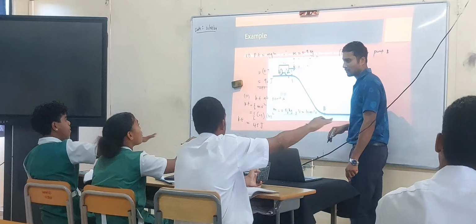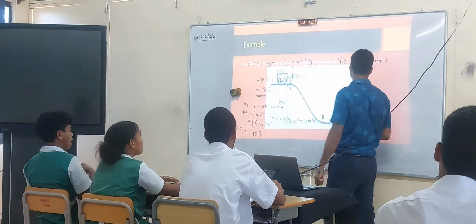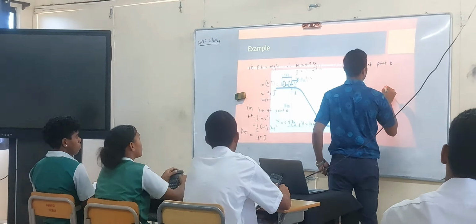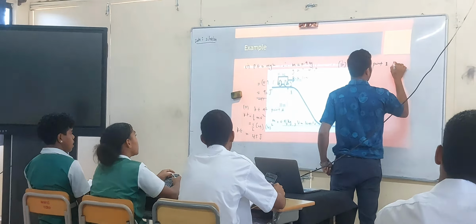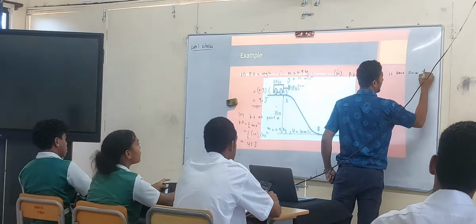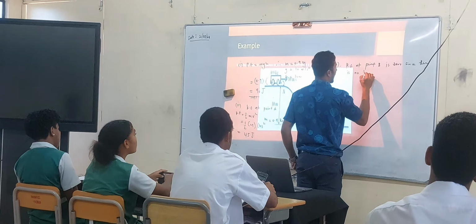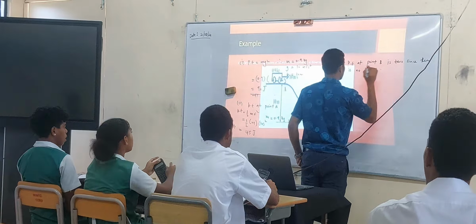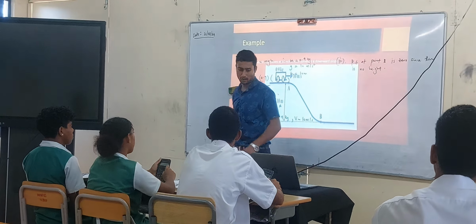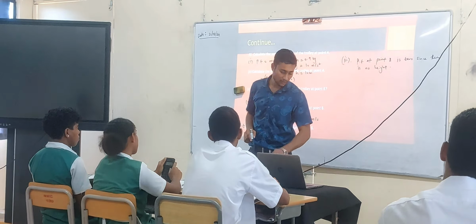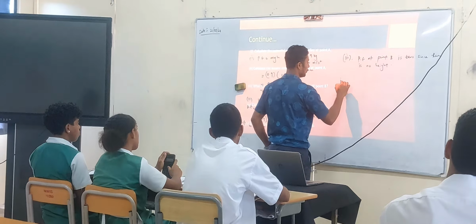There's no height. Very good. Therefore, potential energy at point B is 0, since there is no height. Very good. Okay, now part 4.